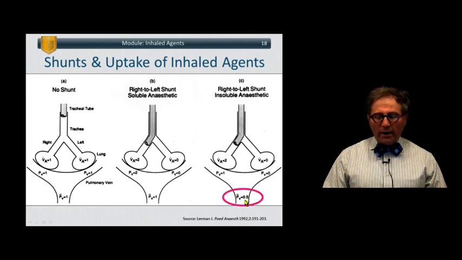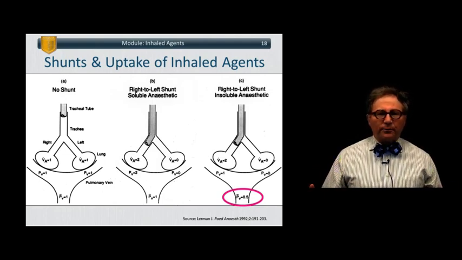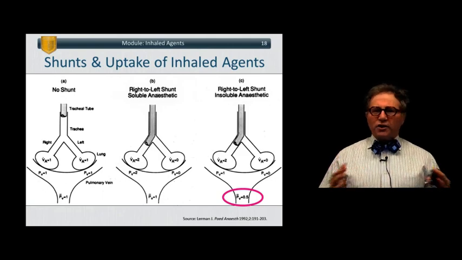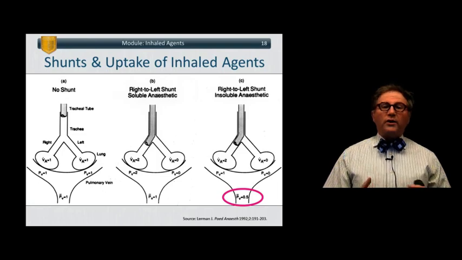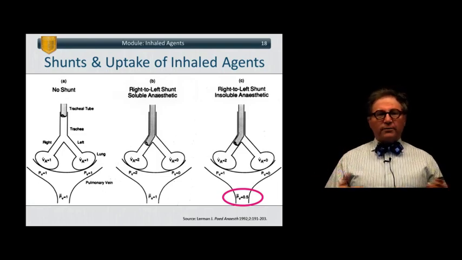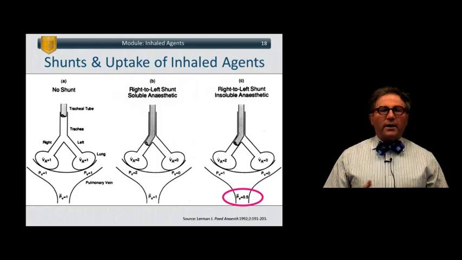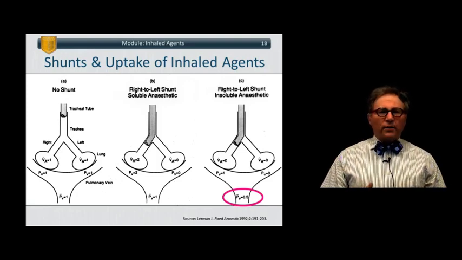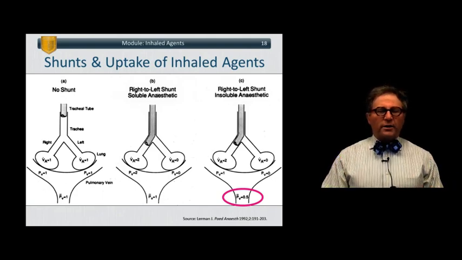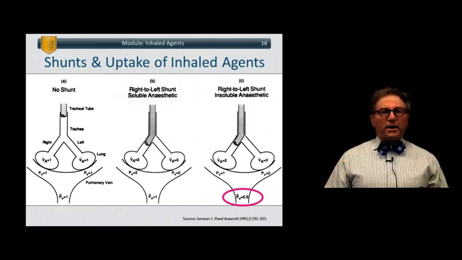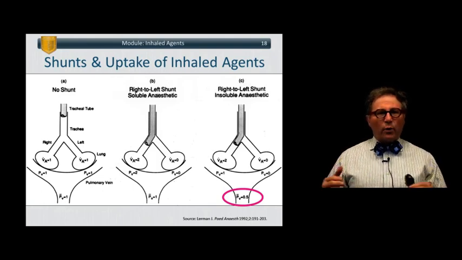When we combine those 2 drainages, we only end up with a value of 0.5. So this is a model to illustrate how important it is, whatever the shunt, whether it's intrapulmonary from an endobronchial intubation or pneumonia, or intracardiac from a tetralogy of Fallot with a right-to-left shunt, that insoluble agents have great difficulty achieving the expected partial pressure in the bloodstream, because it cannot make up for the shunting by doubling or tripling ventilation.